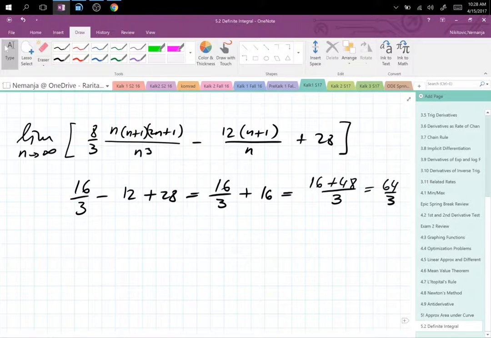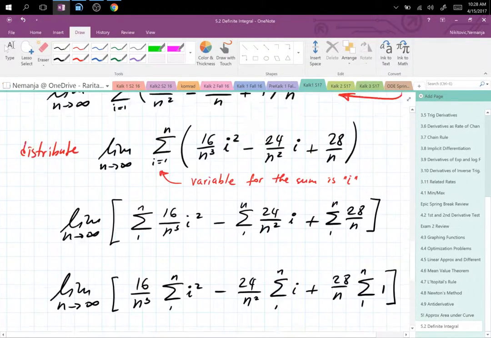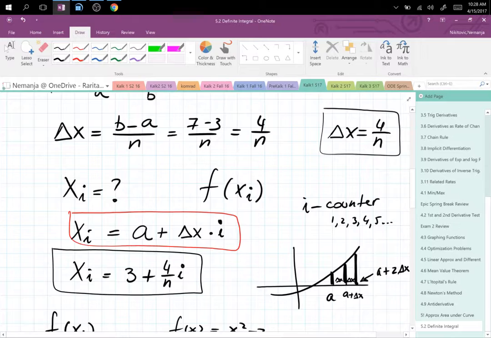All right, so there's an error somewhere. So we erase everything and then start.